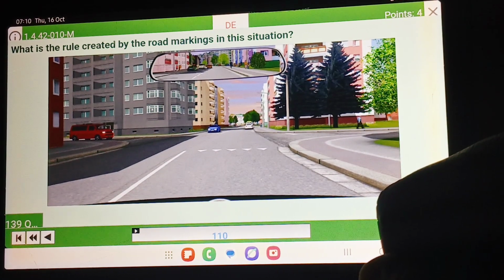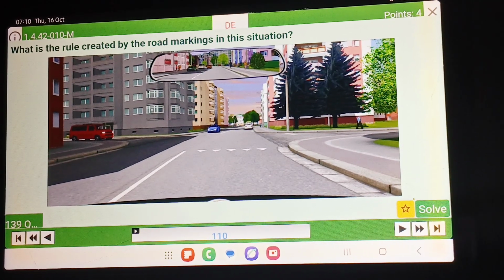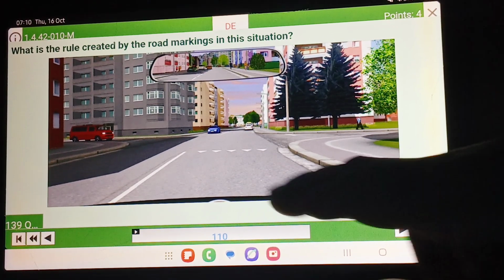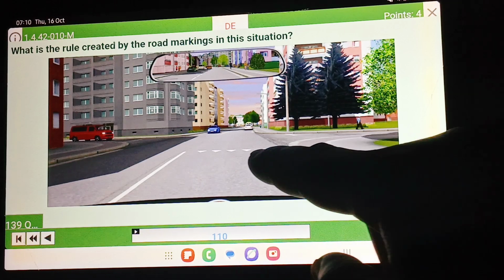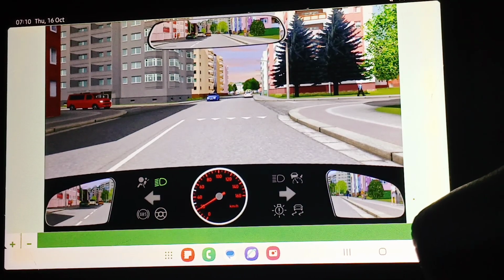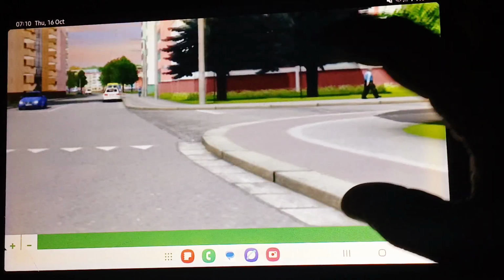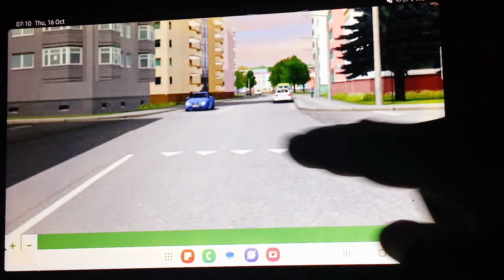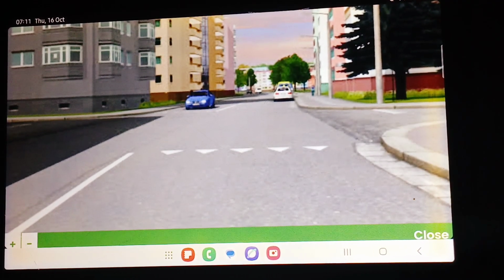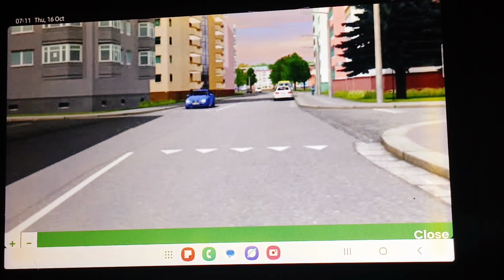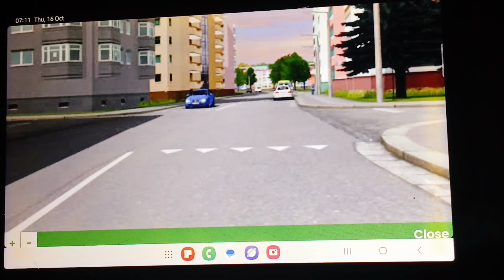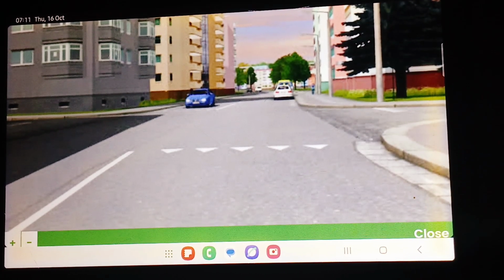What is the rule created by the road marking in this situation? What is the rule? These markings that you are seeing, what's the meaning? Let me zoom it out. This marking means what? You have to apply right before left. Okay? That's what it means.